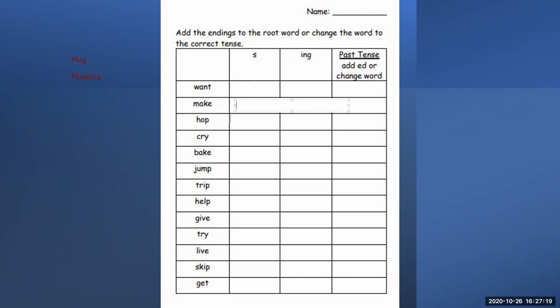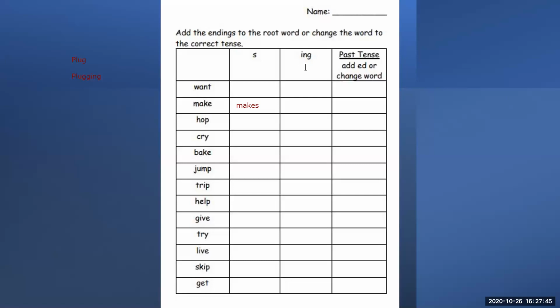So that kind of gives you the answer for here, make. If you're adding an S to it, you don't really have to do anything else. It's just makes, okay? Whenever you are adding an ing onto a word that has an E at the end, think back to your elementary school days when you were learning how to add ing onto verbs.